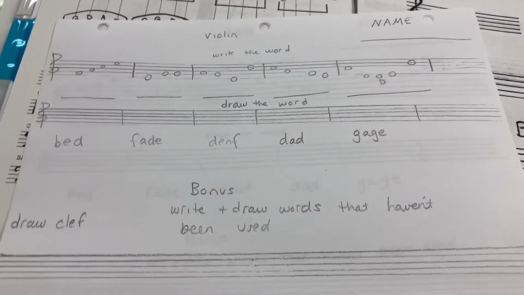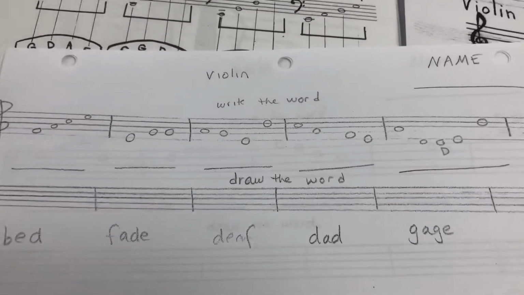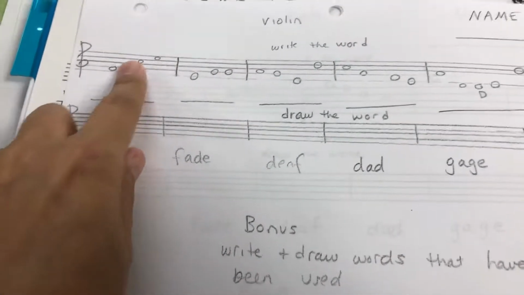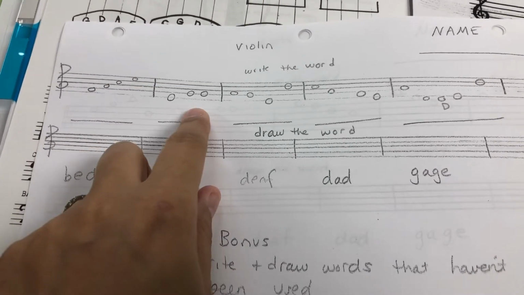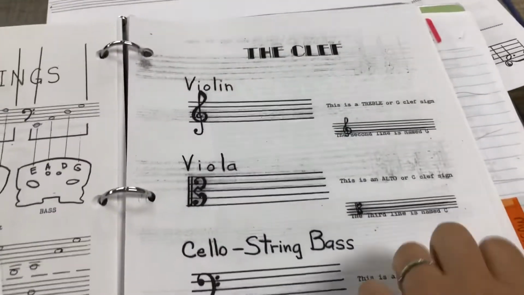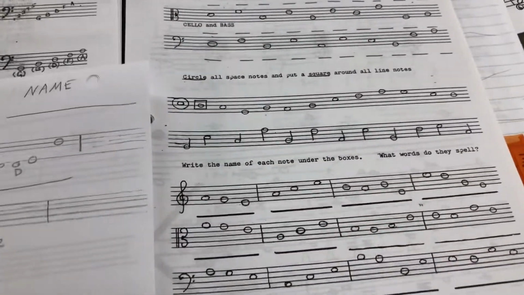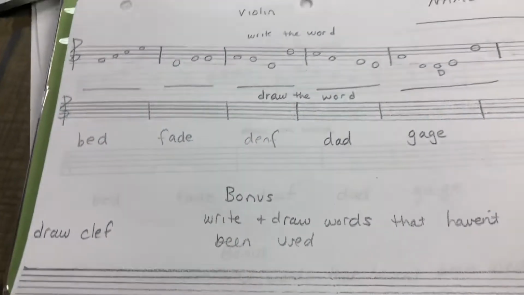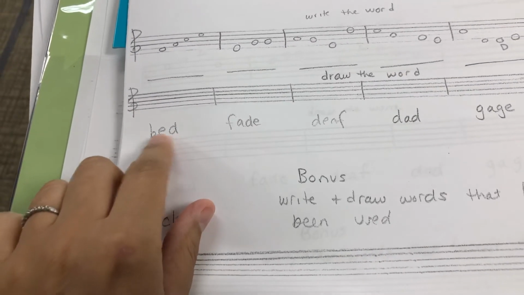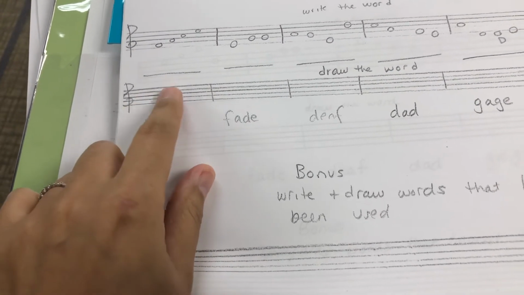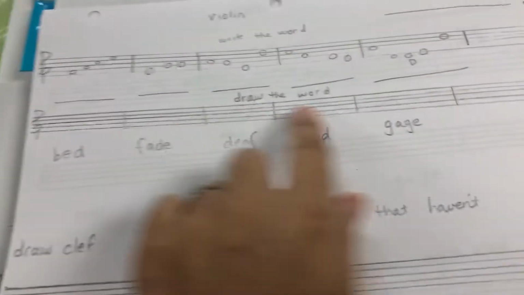And then the homework, I wrote some notes down and they're supposed to figure out what that word is. So they're going to do the same thing that they were pretty much doing on page 15, but they're just doing a few more exercises. Then for this part, I wrote a word and they're supposed to draw the notes.